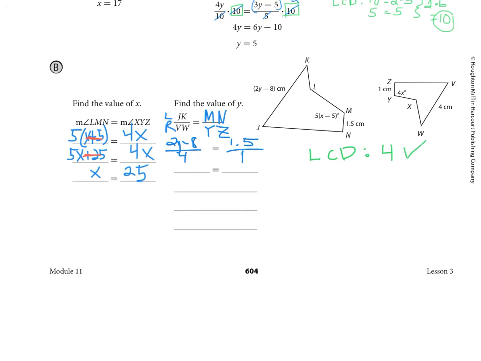What we're going to do at this point is take our original proportion and multiply both sides by the least common denominator. Notice what's happening each time we do that. There's my LCD there. And here's my LCD here.